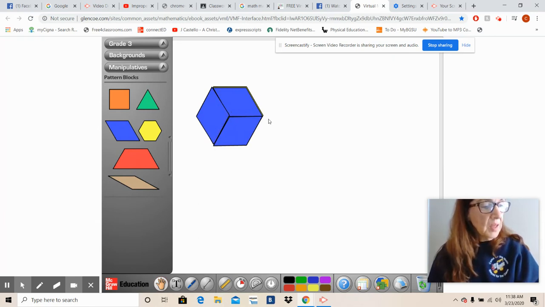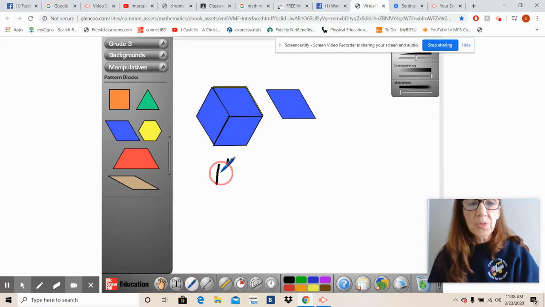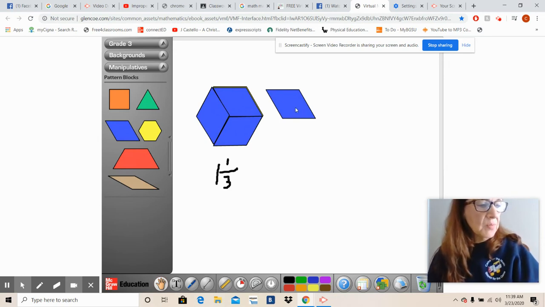So how much cake will we have if we had 4 blue parallelograms? Think. We would have 1 and 1/3, because remember, this is 3 equal pieces. 1 and 1/3. This means we have 1 whole cake plus a 1/3. How much cake would we have if we had 5 blue parallelograms?